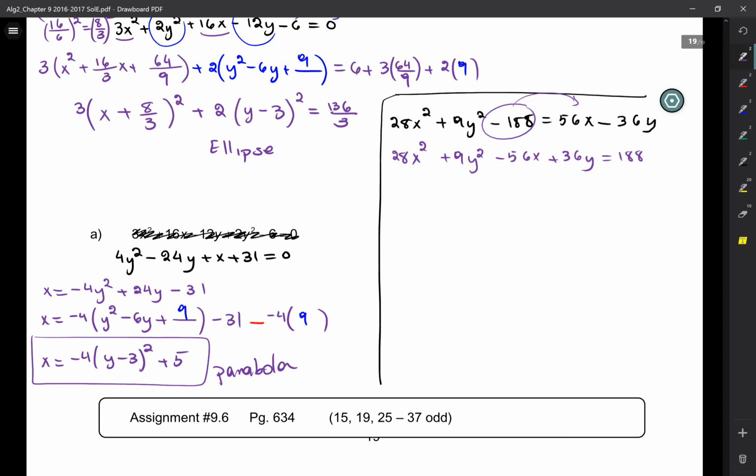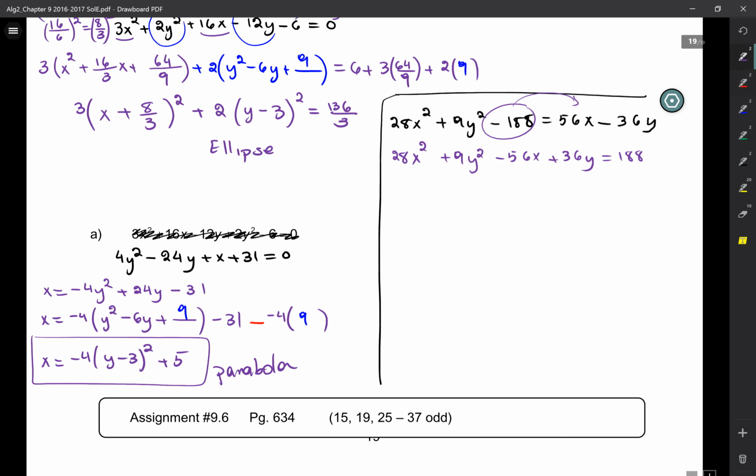So all the variables on one side, only the constant on the other side. That's for the ellipse and circle. For the parabola, what we keep on one side is the variable that's not being squared.